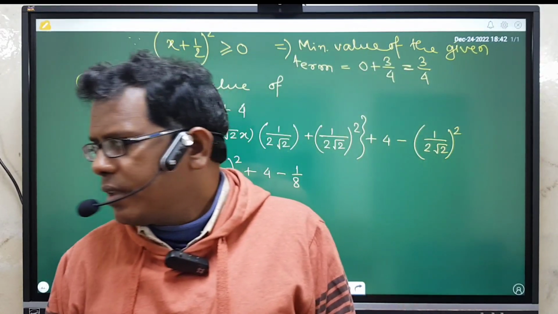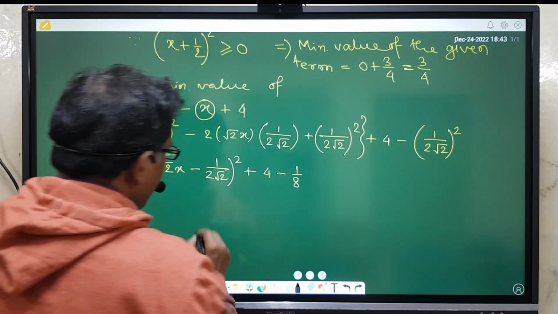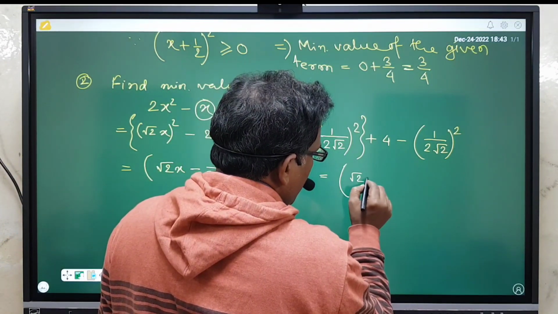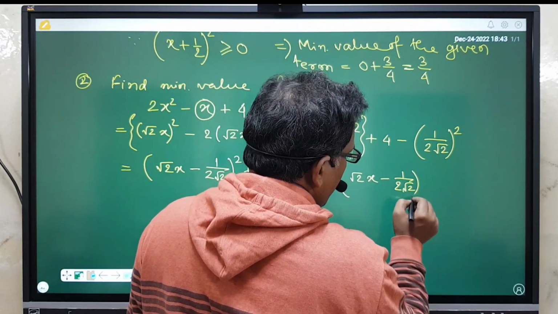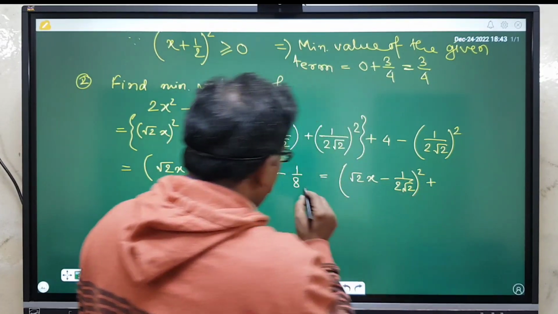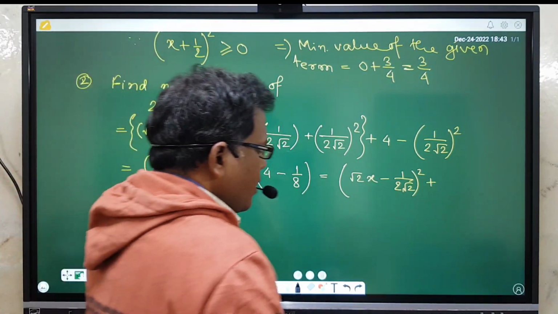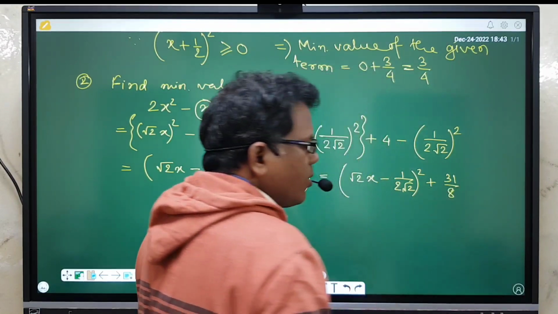Square of 2 root 2 is 4 into 2, that is 8. So ultimately this is equal to root 2x minus 1 by 2 root 2 whole square plus this calculation, 4 minus 1 by 8 is 31 by 8. Yes or no?